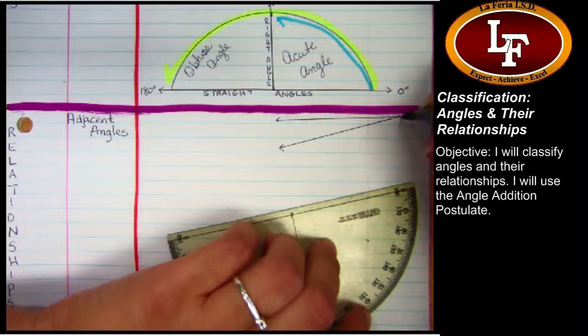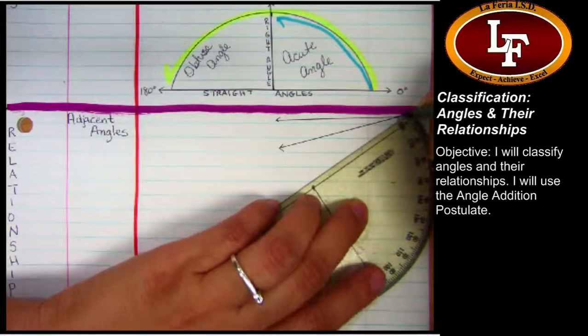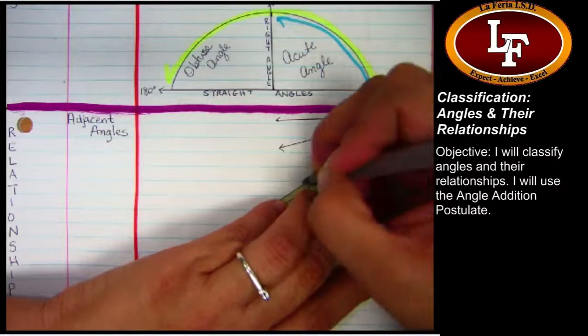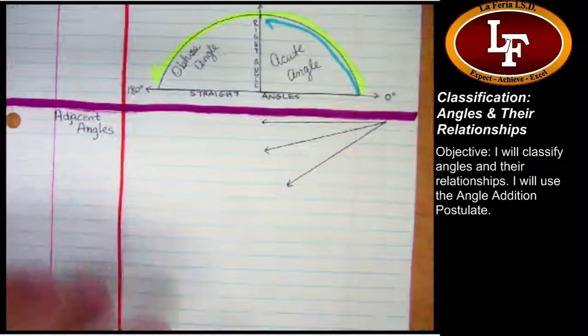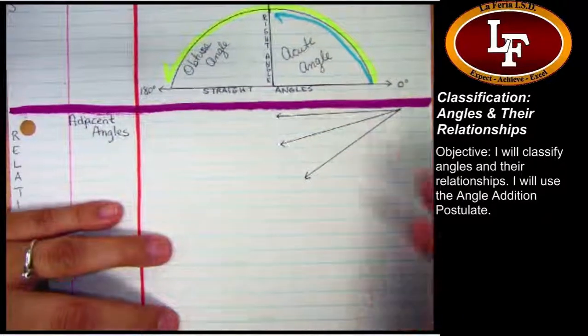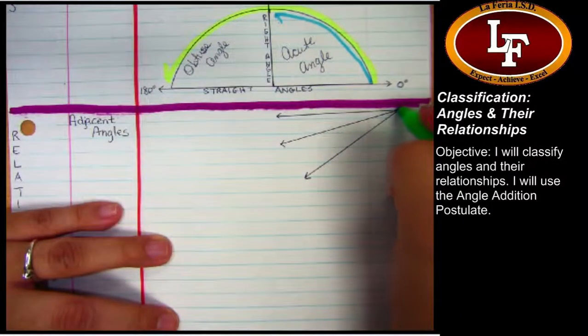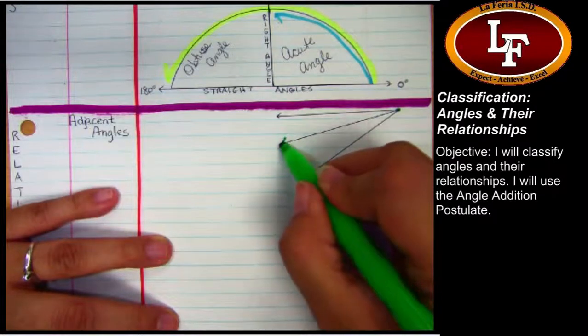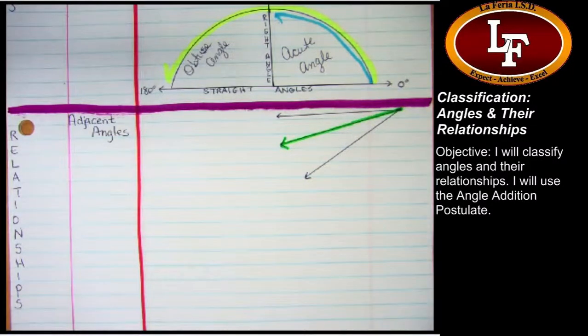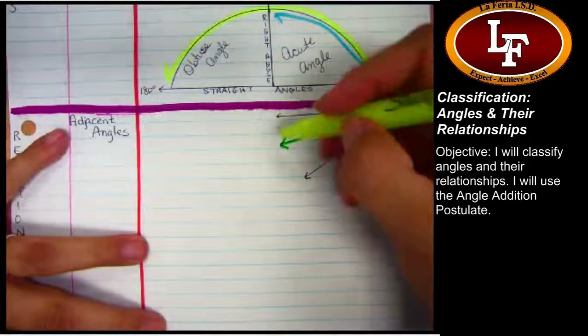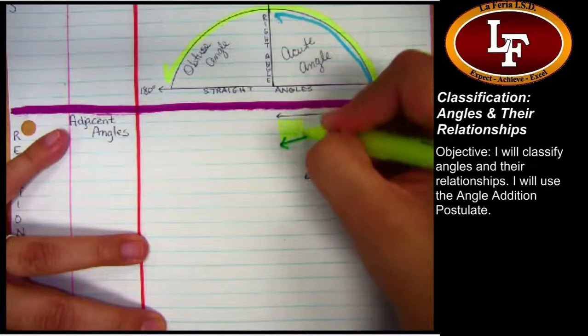Now adjacent angles have the same vertex and they have one of their sides in common. So here's the vertex that they're sharing, and here's the side that they have in common. The thing that they don't share is this inside stuff.